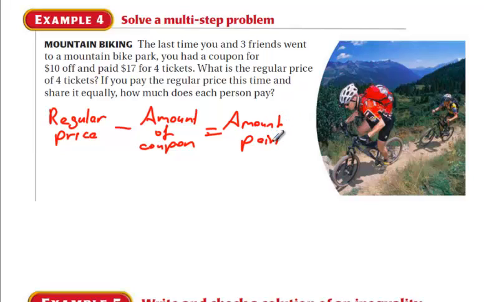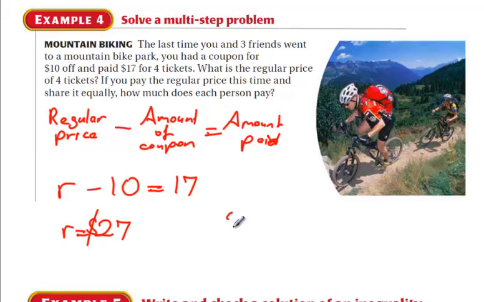Now let's figure it out. I can say this is R, and R minus 10 equals 17. So we paid $17. Then I can figure out the regular price for 4 tickets should be $27. Now, what's the next step? If you pay the regular price this time and share it equally, how much does each person pay?